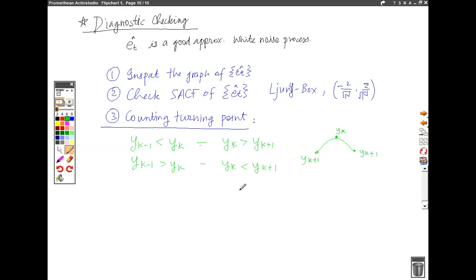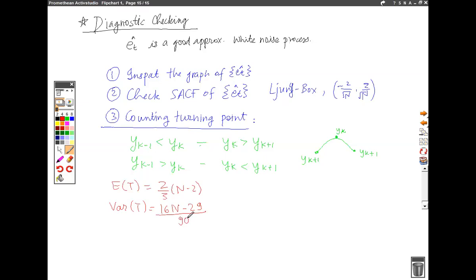So what happens is, in any white noise process, you have some expected number of turning points, which of course depends on the number of values you are looking at. So it is something like this. And you have the variance for this, which is (16n minus 29) upon 90.